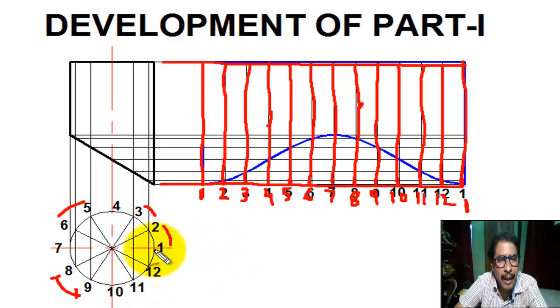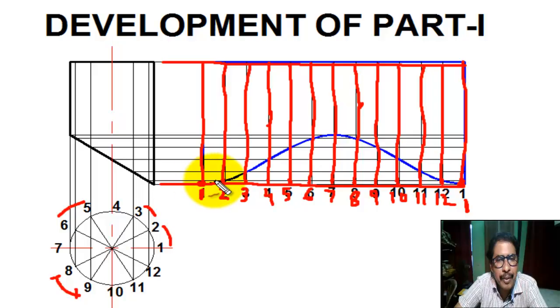Now this is point 1. In elevation this is point 1. We mark this point, cut the 1 number line, mark this 1 number line. This is 2 and 12. This point in elevation is 2 and 12.